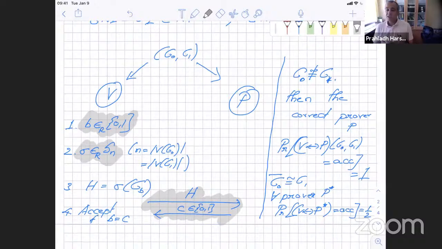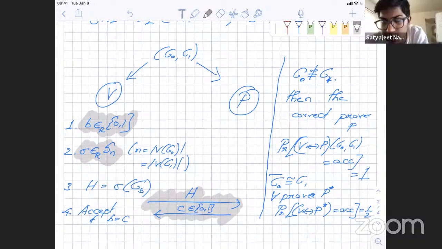Here, just because I'm allowed to have a conversation and toss random coins, suddenly my life becomes much simpler. Using this prover, whom I don't trust, I'm able to find out if the two graphs are non-isomorphic.